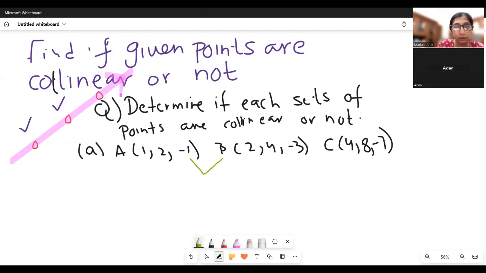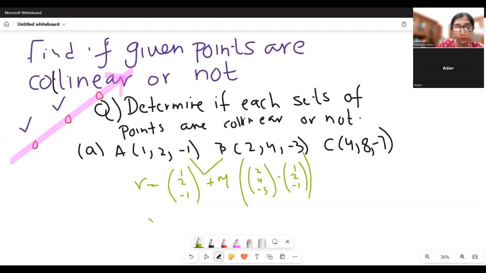So r equals a plus mu (b minus a). So (2, 4, -3) minus (1, 2, -1).